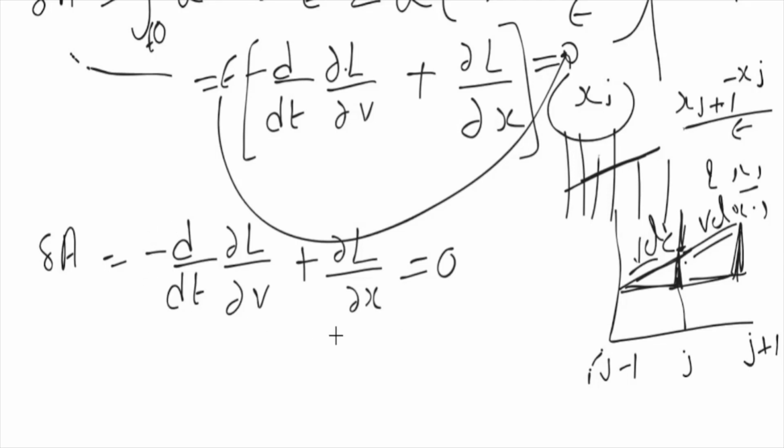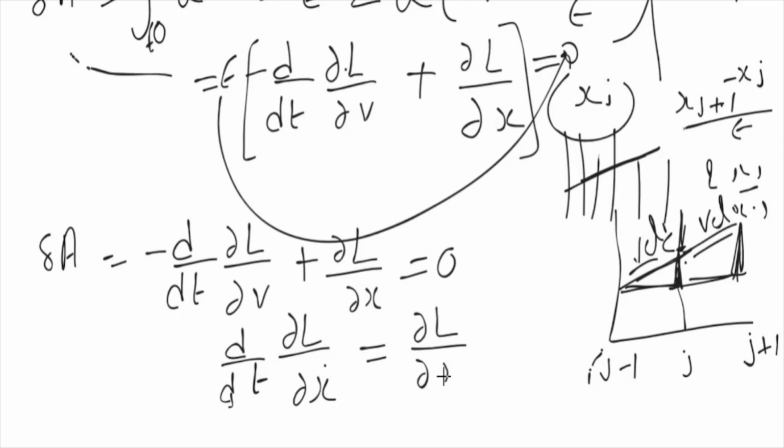And the answer is simply a differential equation. This equation can also be written as d by dt of del L upon del x dot, instead of writing v here, now I'm writing x dot, is equal to del L upon del x.